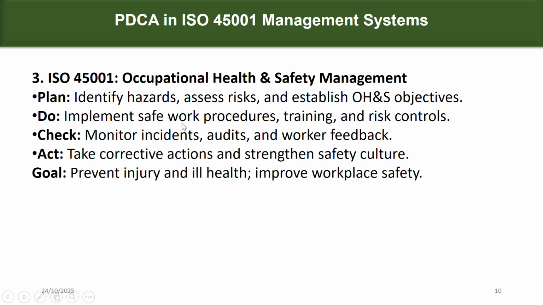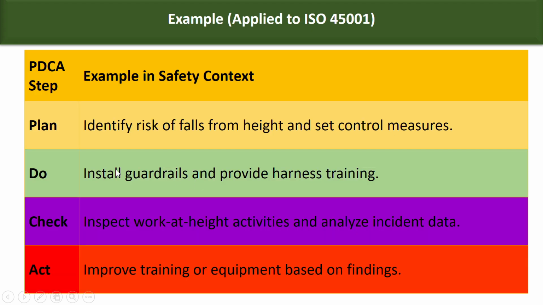In the do part, implement safe work procedures, training and risk controls. In the check part, monitor incidents, audits and worker feedback. In the act part, take corrective action and strengthen the safety culture of the organization. The goal is to prevent injuries and ill health and improve workplace safety.